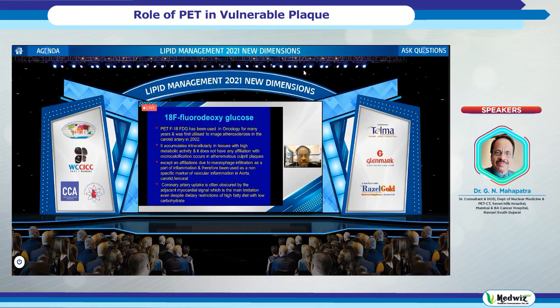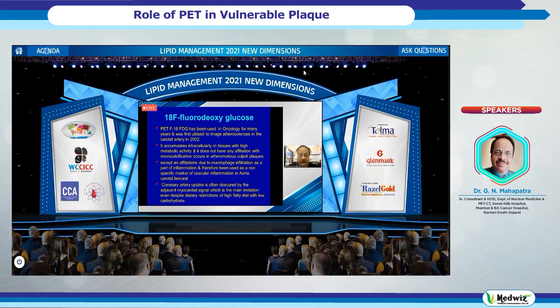Coming to 18F fluorodeoxyglucose, as you know, PET F18 FDG has been used in oncology for many years and was first utilized to image atherosclerosis in the carotid artery in 2002. It accumulates intracellularly in tissue with high metabolic activity, does not have any affinity with microcalcification, except an affinity only to macrophage as part of inflammation, therefore being used as a non-specific marker of vascular inflammation in aorta, carotid, and femoral.